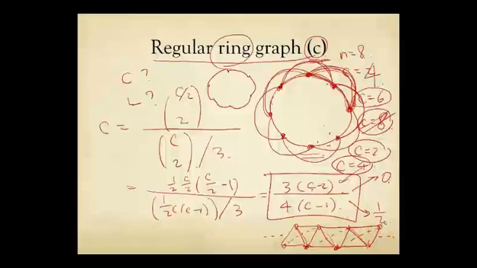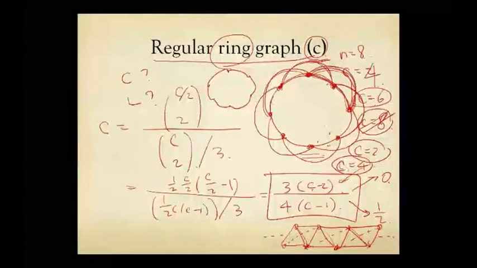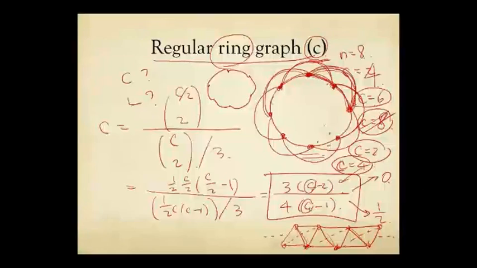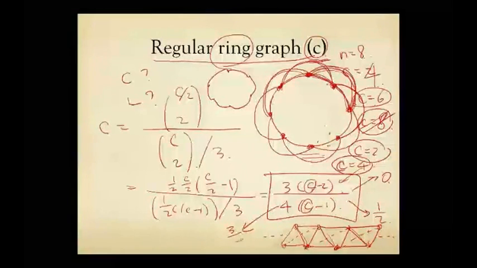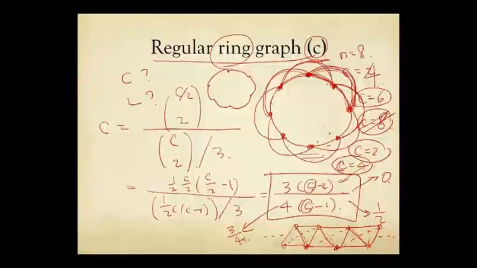Okay. Now, what if c becomes real big, like this small c? When this little c is like infinite, then what would happen? Well, in that case, this simplifies to 3/4. In other words, for a regular ring graph, the clustering coefficient can only go up to 3/4, but that's already very, very big.